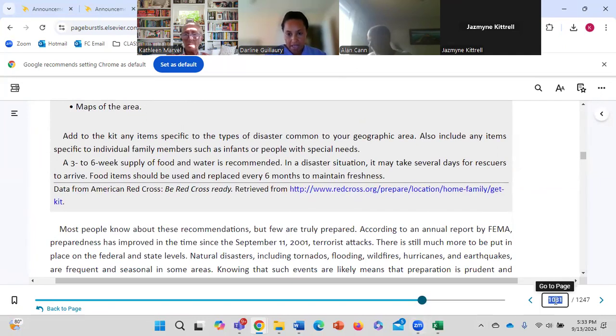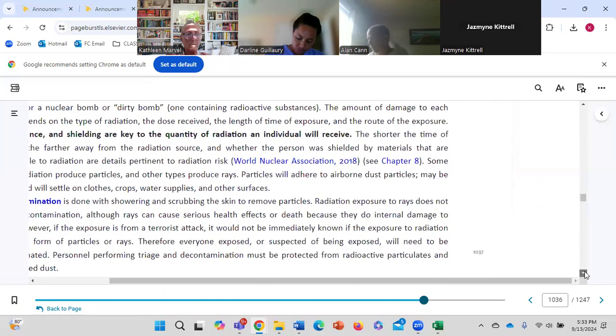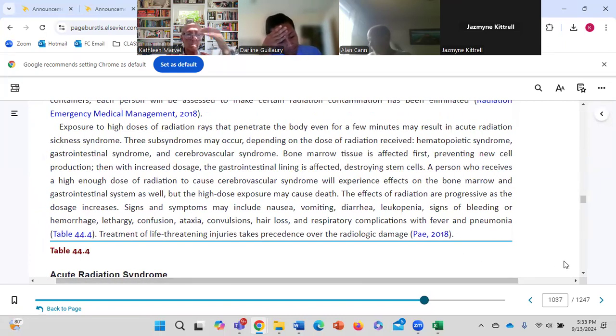For response, I put, on 1037, nursing management in the reconstruction stage. But listening to Professor Ford, this is not what it is. It's that level 1 is a mild disaster.